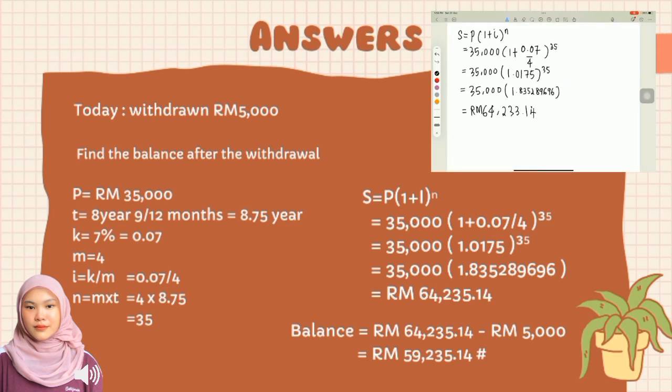To find the balance, we must minus it, which is we gonna minus RM 64,233.14 with RM 5,000. 5,000 is the withdrawn.